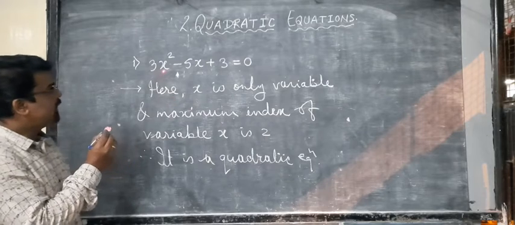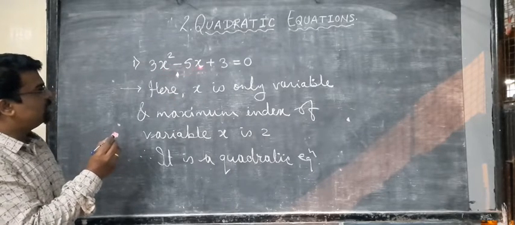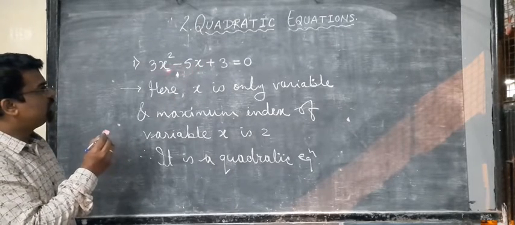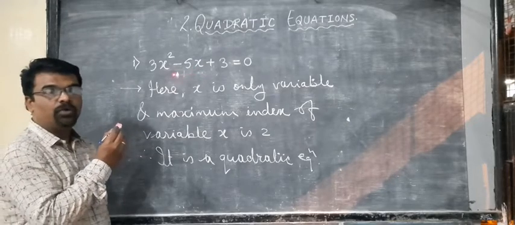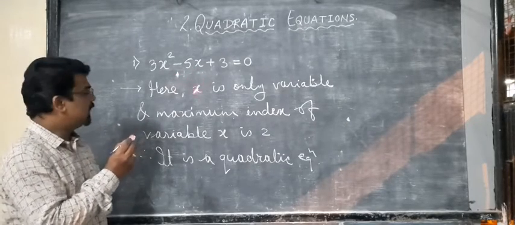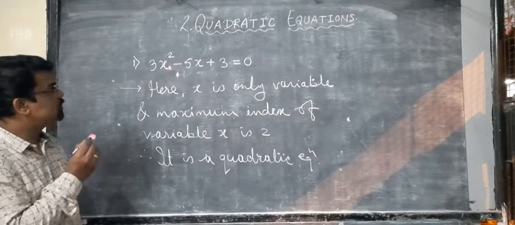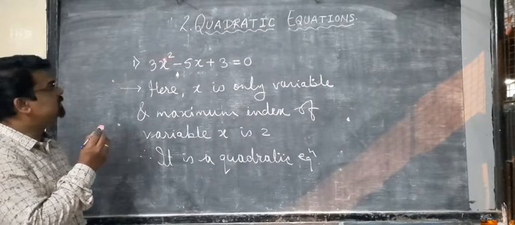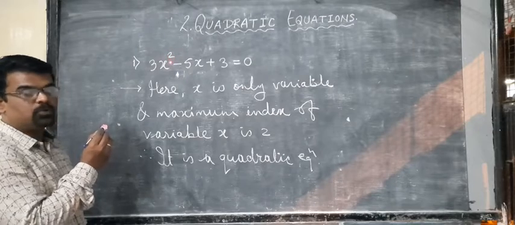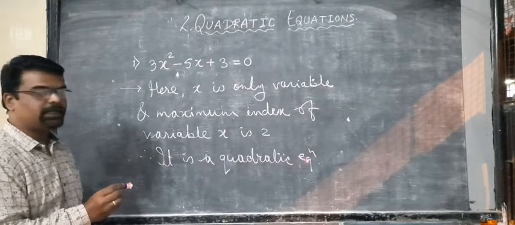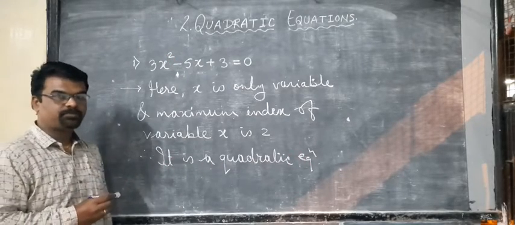So here x is the only variable, we have only one variable in this equation, and the maximum index of the variable x is 2. Therefore, it is a quadratic equation.